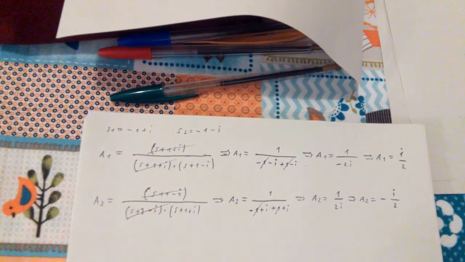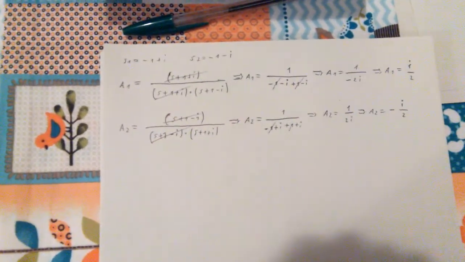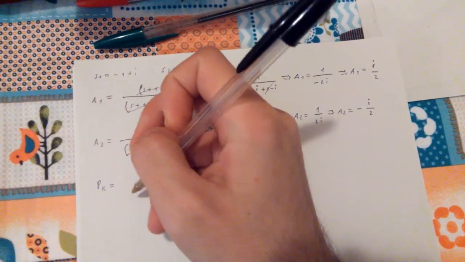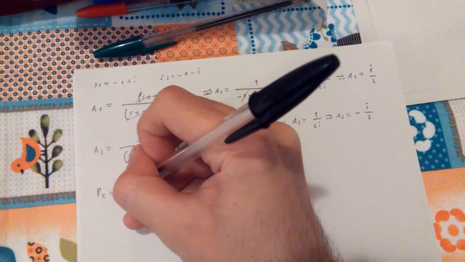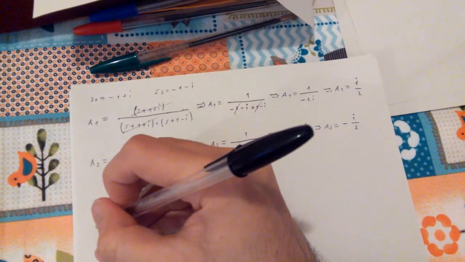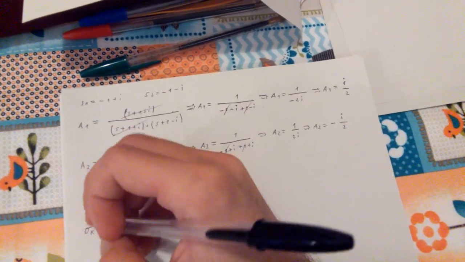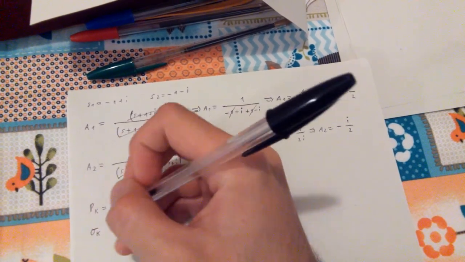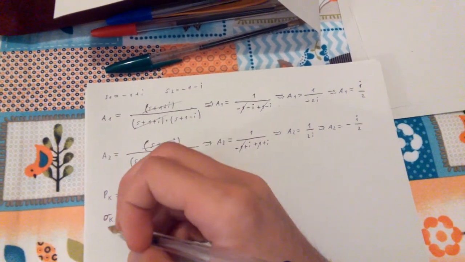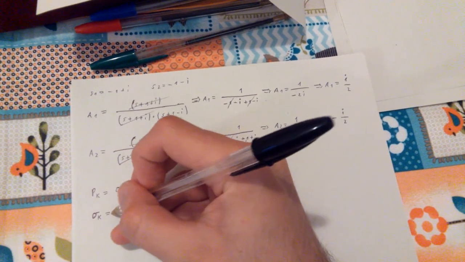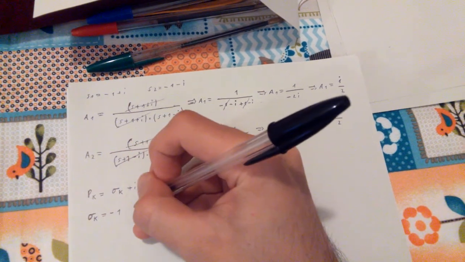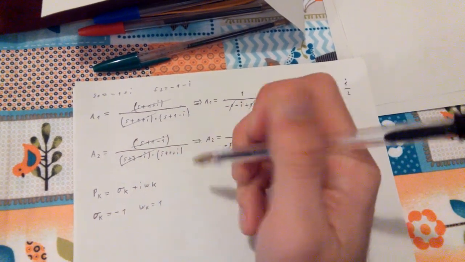So we will have a certain p_k equal to rho_k plus i omega_k, where rho_k is equal to negative 1, and omega_k is equal to 1.